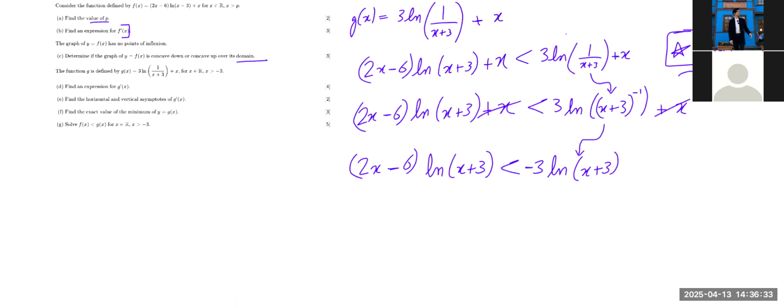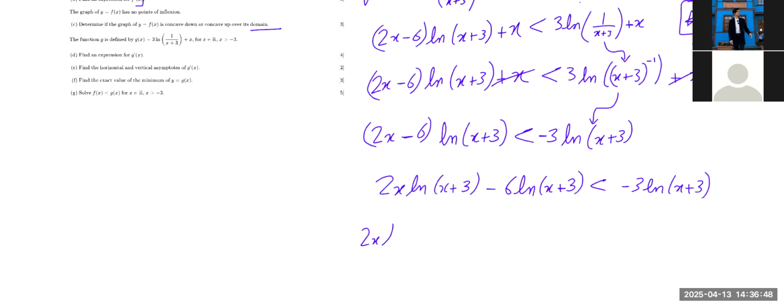So what I'll first do is open up the left side brackets, and take everything to one side of the equation. So minus 6 times this plus 3 times that, which makes it minus 3 times that.